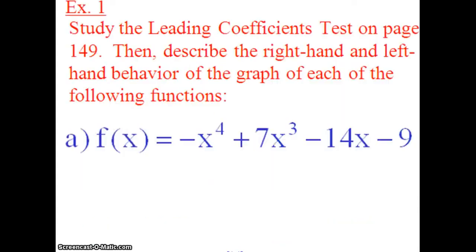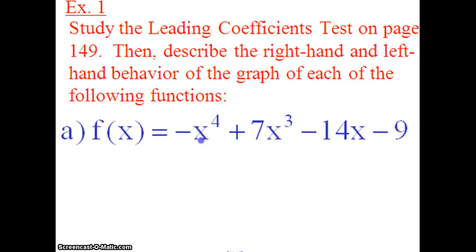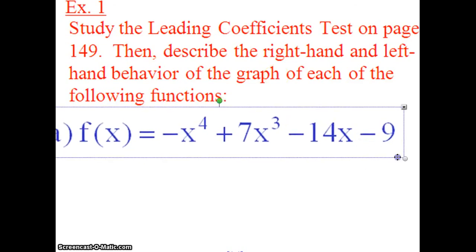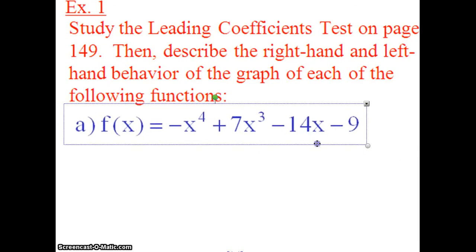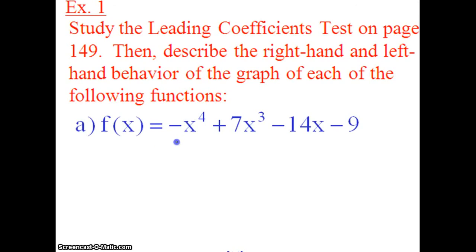So now let's practice some. Take a look at this one here. What is the leading coefficient? Negative. What's the degree of the function? 4.